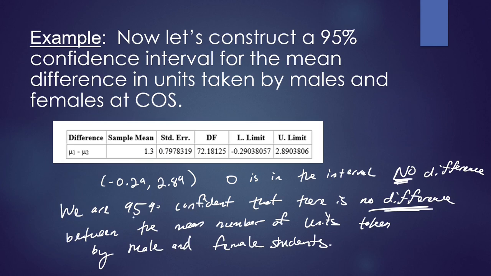We are 95% confident that there is no difference between the mean number of units taken by male and female students. If there was no 0 in the interval, we have a different scenario. And in the next example, we'll explore the scenario where there is no 0 in the interval.